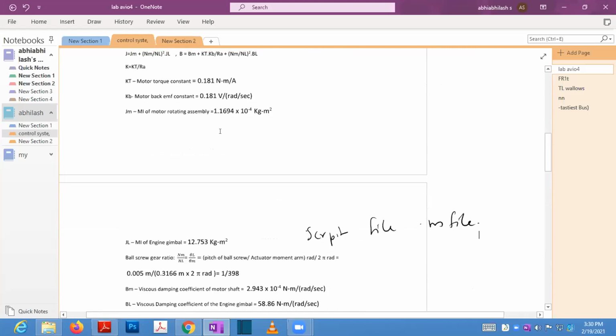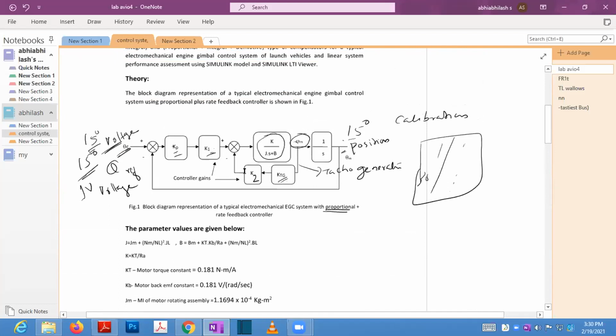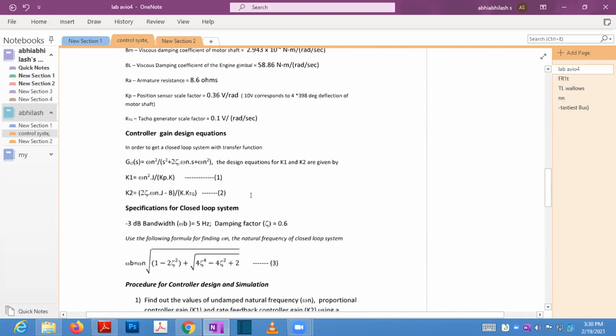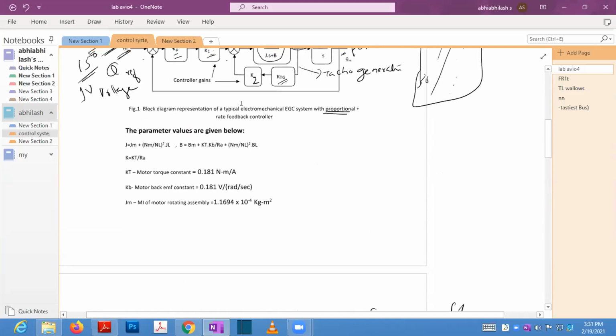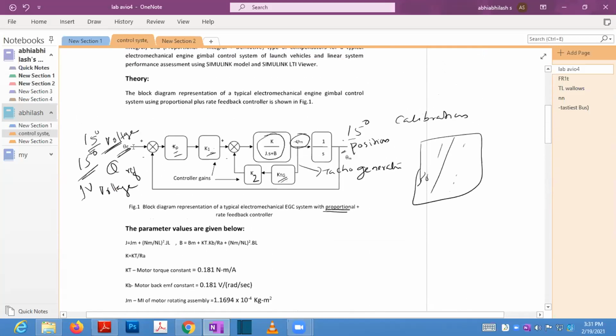In this one, K1 and K2 are unknown quantities, and to derive those K1 and K2 you have to compare the system. You derive this entire transfer function, theta m to theta c, and then compare with the standard second order system omega n square divided by s square plus 2 zeta omega n s plus omega n square.